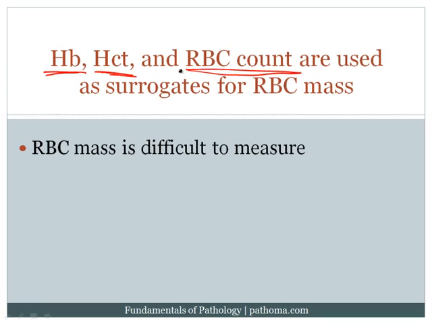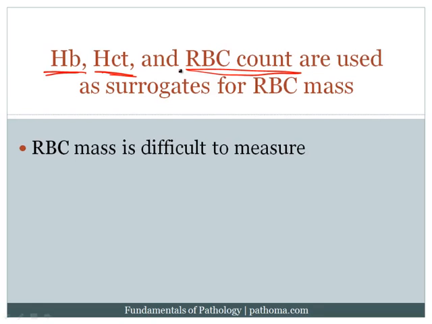So these three markers are used as surrogates for red blood cell mass. Now you could actually stop me and say, well, why are these surrogates? Why don't we just say that they equal the red blood cell mass? The answer is that each of these is concentration dependent, and so they could, in some circumstances, not be a good estimate of red blood cell mass.